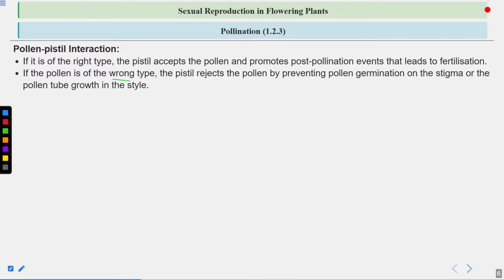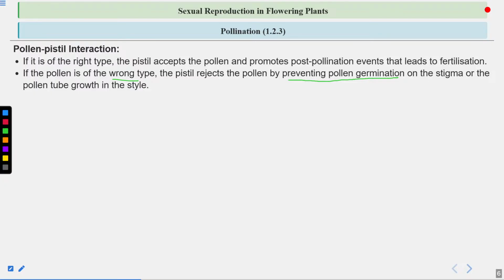If the pollen is of the wrong type, the pistil rejects the pollen by preventing it from germinating. How does it reject? What is the mechanism of rejection? There are some proteins and signals delivered by the pollen grain, and the pistil also releases some chemicals and hormones that judge what type of protein the pollen is giving out.